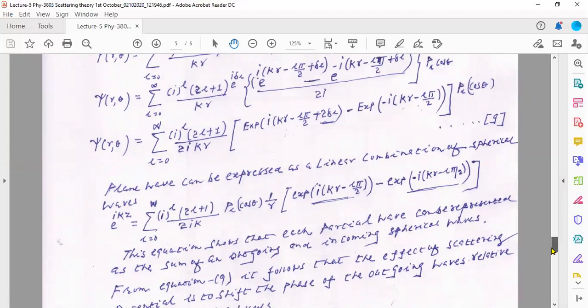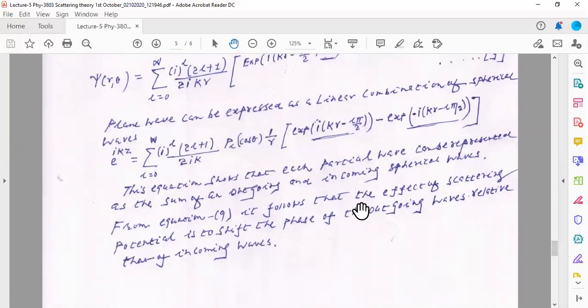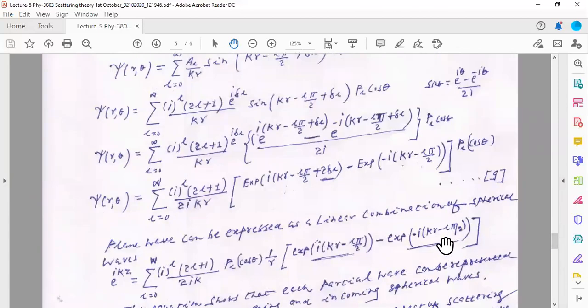So this expression shows that the effect of scattering potential is to shift the phase of the outgoing wave relative to the incoming wave. You can see the phase factor here. It is minus i kr minus L pi by 2. This is the phase of the incoming wave, e to the power of minus i kr minus L pi by 2.